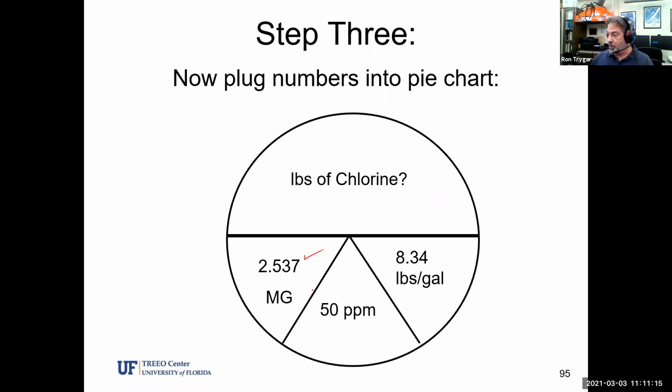Here's this number. We're multiplying times 50, and we're multiplying again times 8.34. And then our answer comes out to be 1,058 pounds of chlorine. There you go. So that's how we work the math out using the pounds formula and the Davidson's pie chart.